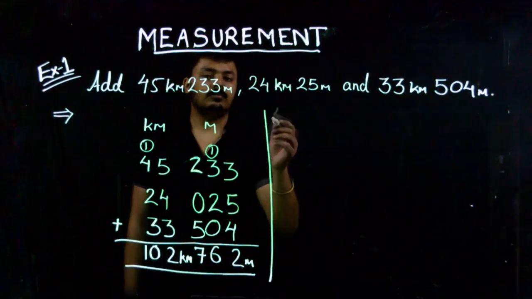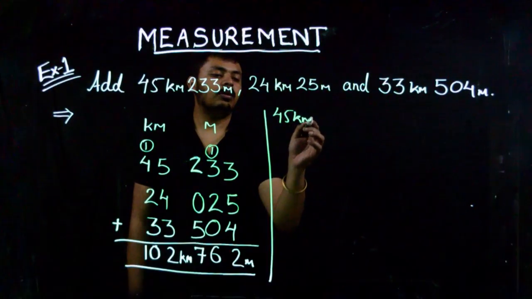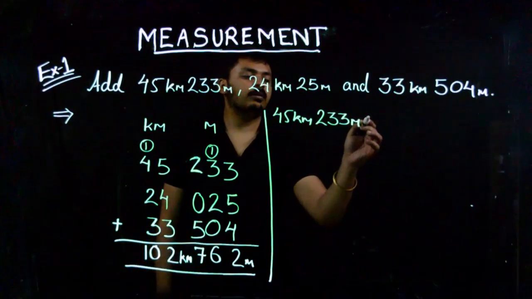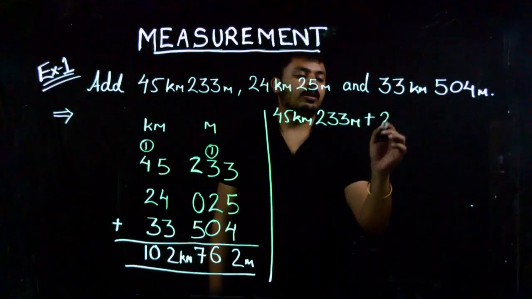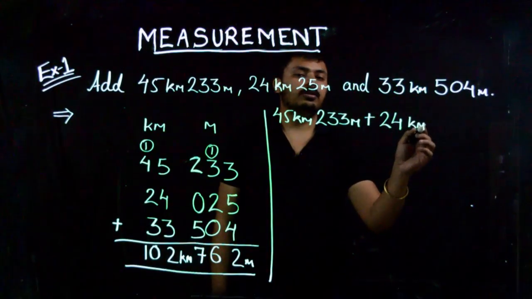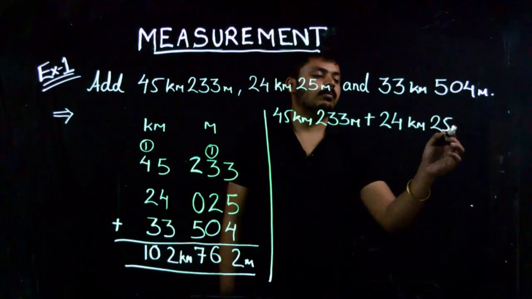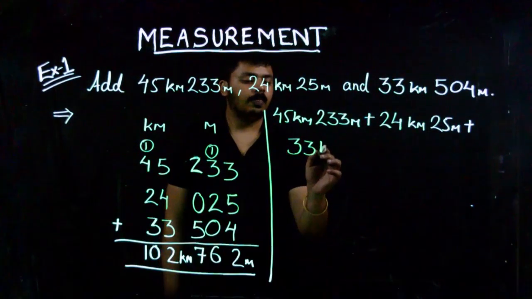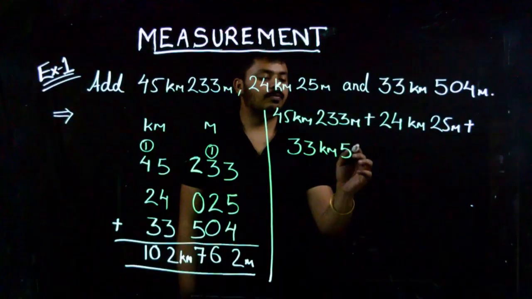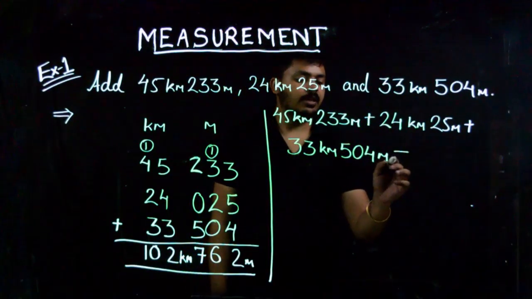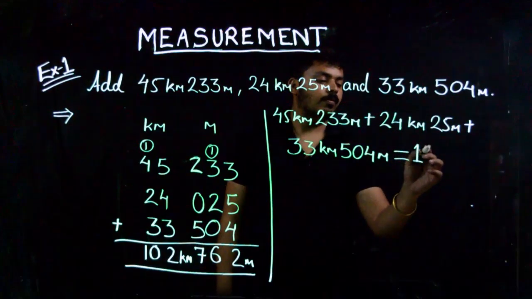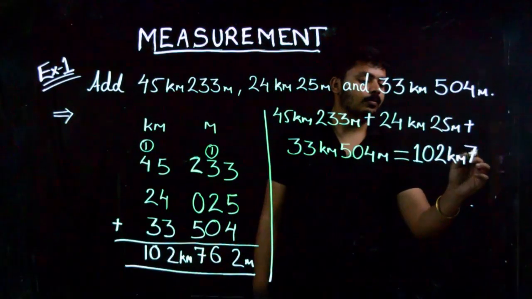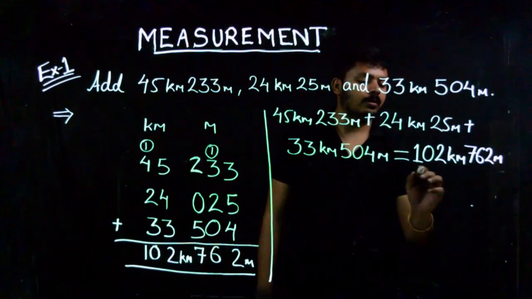So we can say 45 kilometer 233 meter plus 24 kilometer 25 meter plus 33 kilometer 504 meter is equal to 102 kilometer and 762 meter.